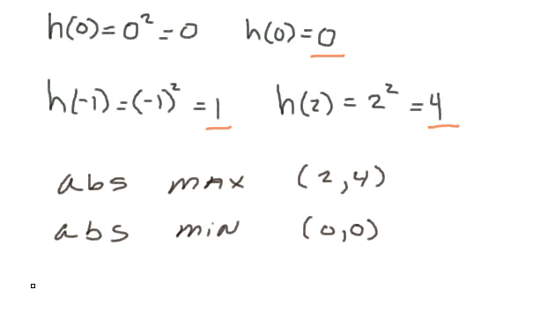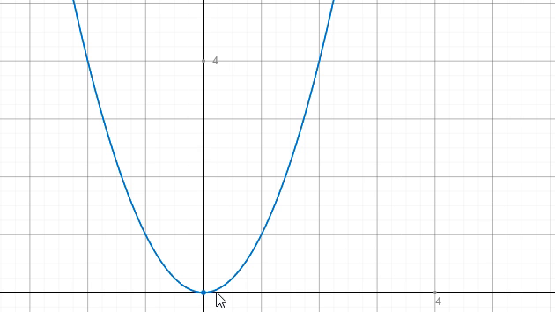Let's see if I can pull a graph up so we can take a look at this. Okay, so here's a graph. Now we're between -1, which is here on the x-axis. So here's our corresponding y value. We're between -1 and 2, and there's our other y value here. This is the actual other point on the graph. So between here and here, let's look at the smallest y value on this interval.